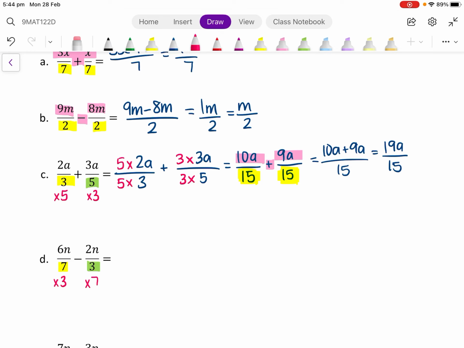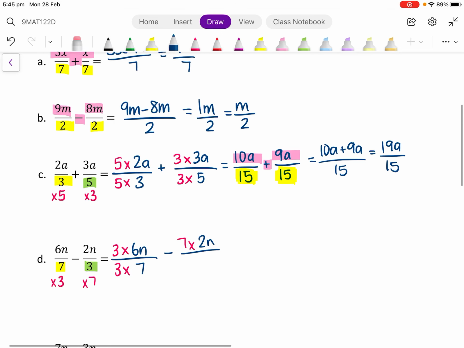So we will have 3 times our numerator of 6n over 3 times our denominator of 7, minus 7 times our numerator of 2n over 7 times our denominator of 3.